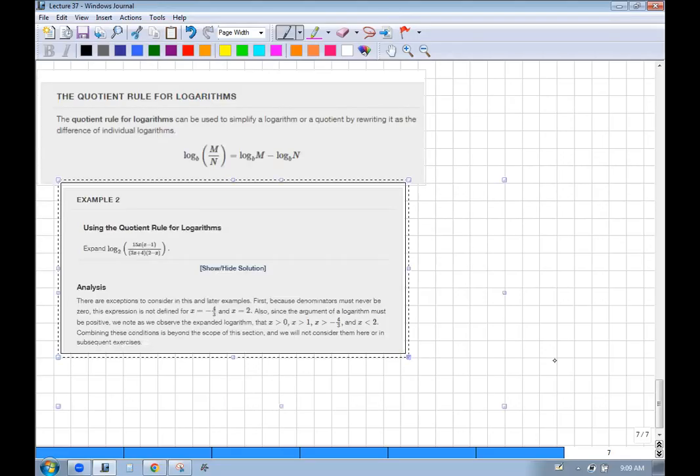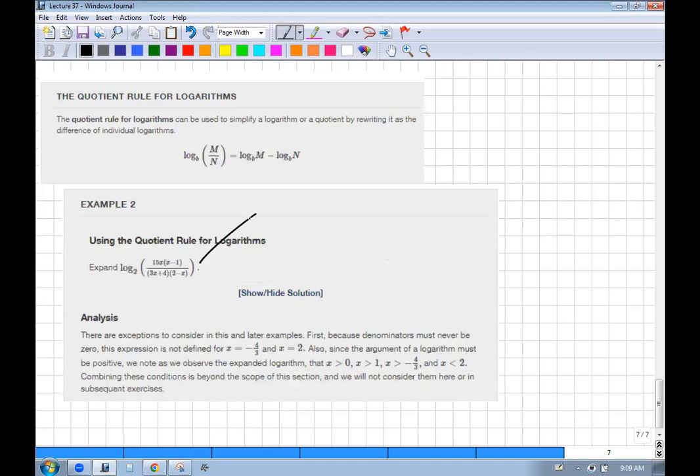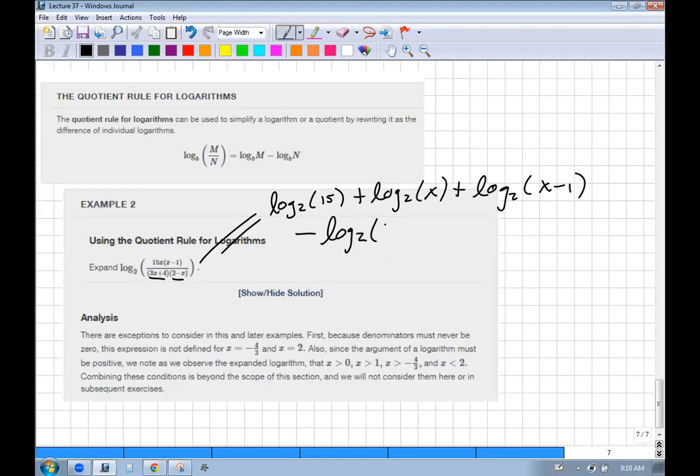So this one, expand it. On the top, there are three things: a 15, an x, and an x minus 1. So we have the log of 15 plus the log of x plus the log of x minus 1. And on the bottom, we have two terms, so those are going to be negative, and then the 2 minus x.